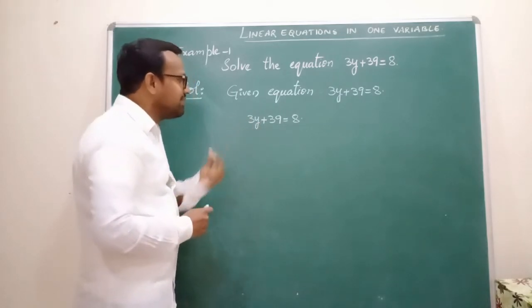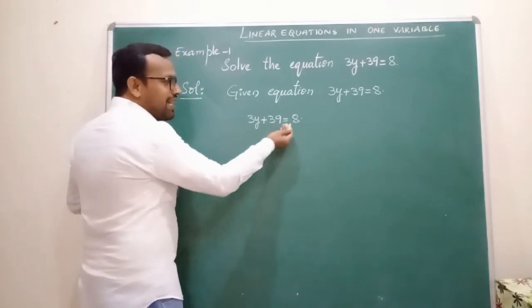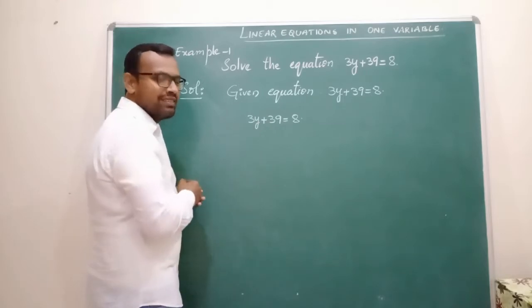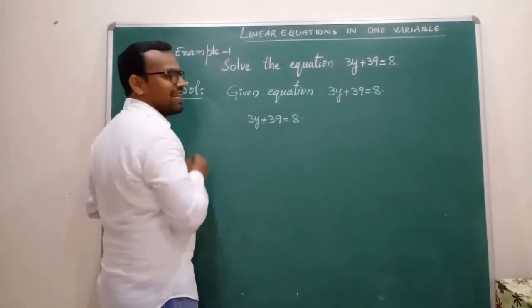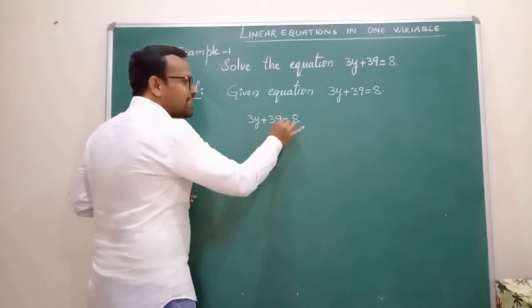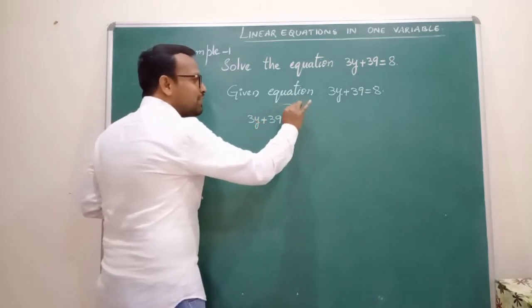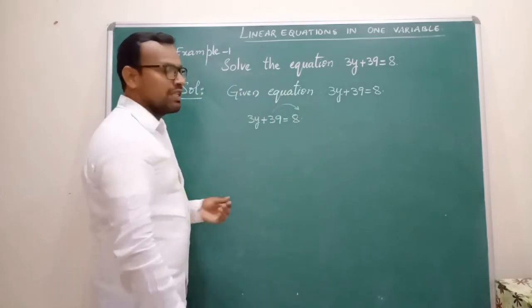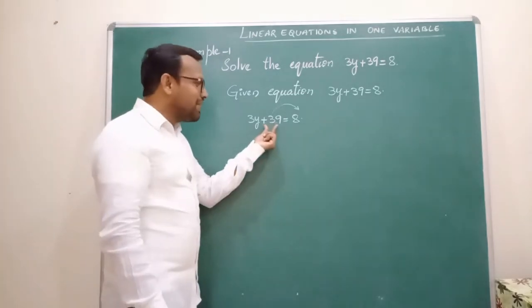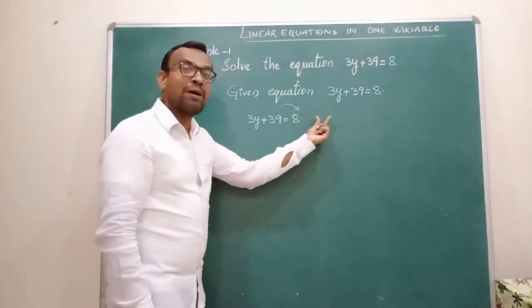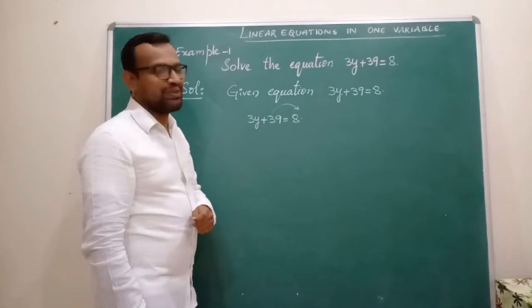Other than this term, in the LHS, what is present? Plus 39. So let me transpose this plus 39 to the other side. We already discussed a plus quantity becomes minus quantity after transposing.